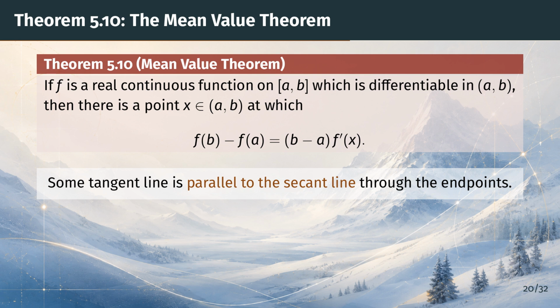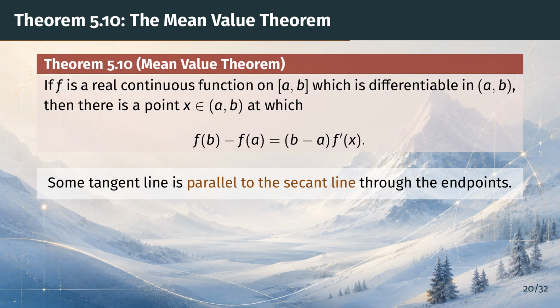Dividing by b minus a, the statement says the average rate of change over the interval is achieved as an instantaneous rate of change somewhere inside. Think of driving. If your average speed over a trip was 60 miles per hour, then at some instant your speedometer read exactly 60. In geometric language, written below the box, some tangent line to the graph is parallel to the secant line joining the two endpoints.